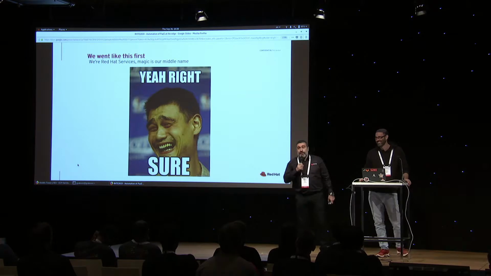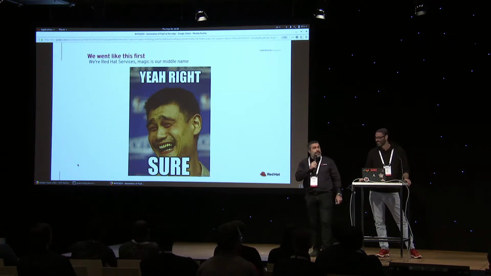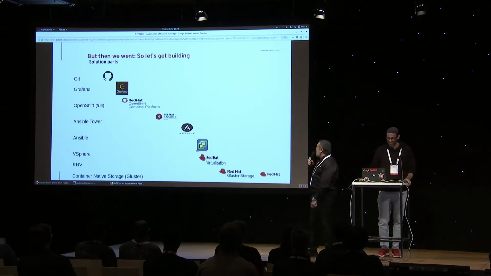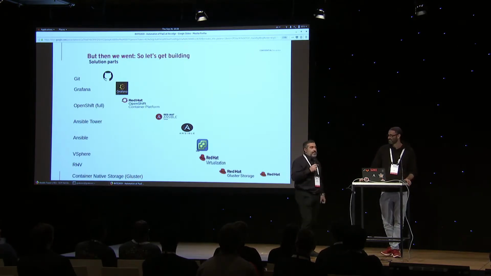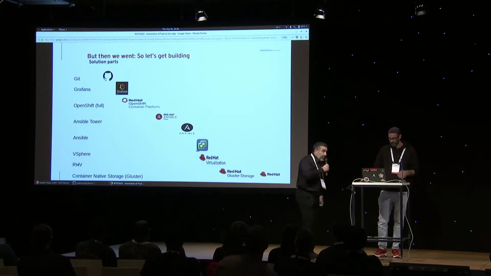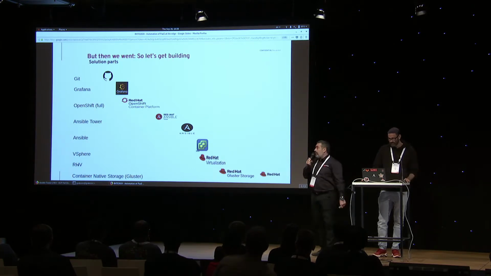But you know, our middle name is magic. So we started to think, what can help us to bring this dream to come true? We took a bunch of our technologies.